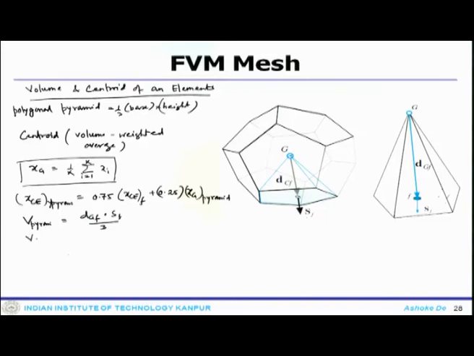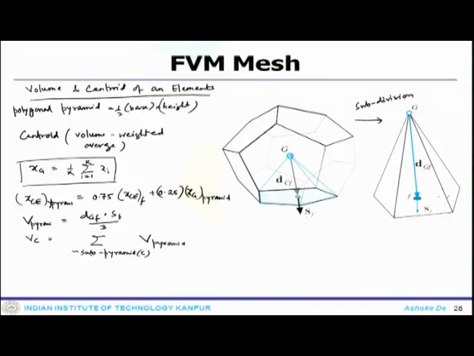So, V_C would be the summation of sub pyramids. That means this polyhedra is subdivided, this is essentially the subdivision.